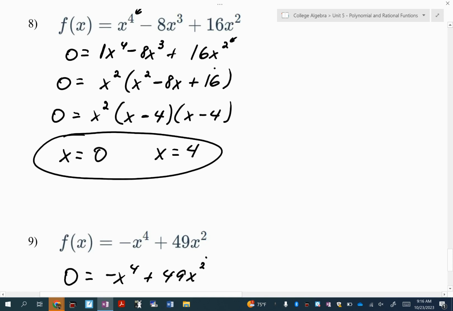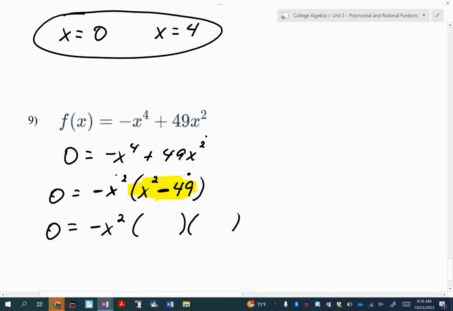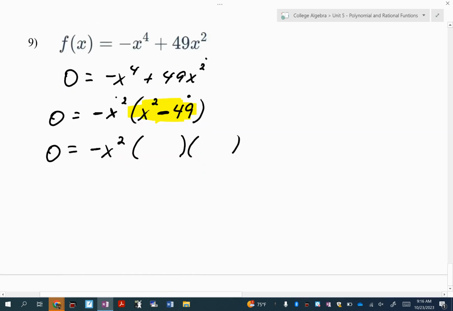It wasn't a 0, right? So negative 4 plus negative 4 gave us negative 8. But in this case, since I don't have an x term, and I just see x squared and the constant, I need to think of two numbers that multiply to give me negative 49, and add to 0. Or you can think, what's the square root of 49? It's 7. Make 1 a positive and make 1 a negative.